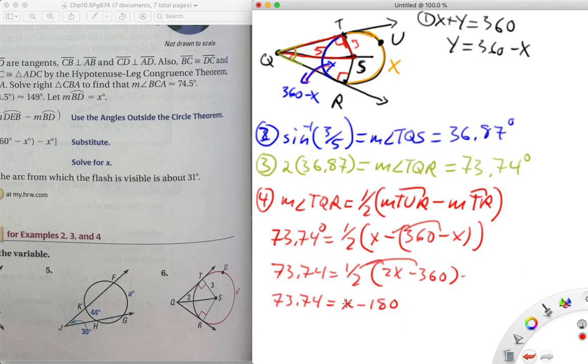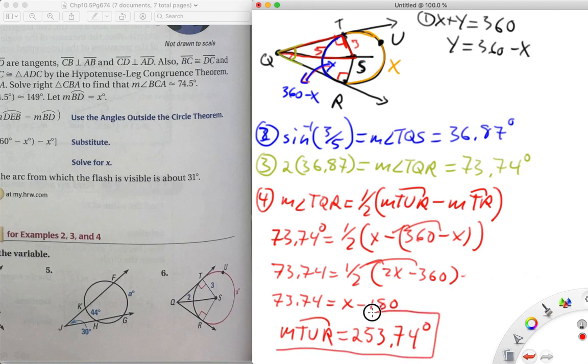And I get that the outside arc, measure of TUR, is equal to 253.74 degrees. Which makes sense, bigger than 180.